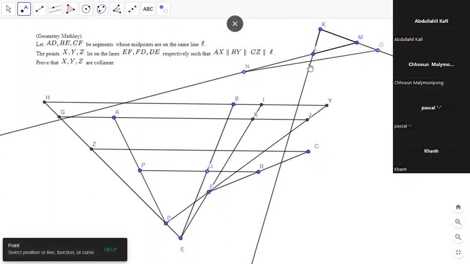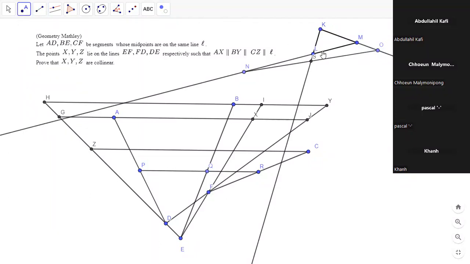Is there any condition on these other segments that tells you if N, S, and O are collinear?